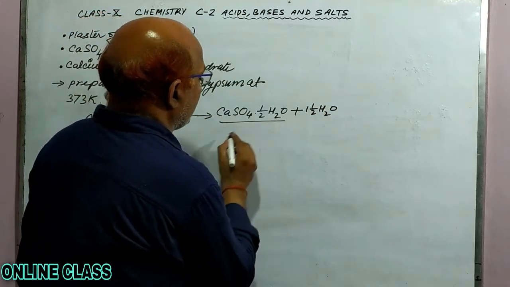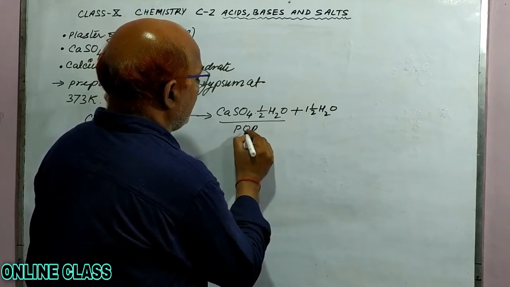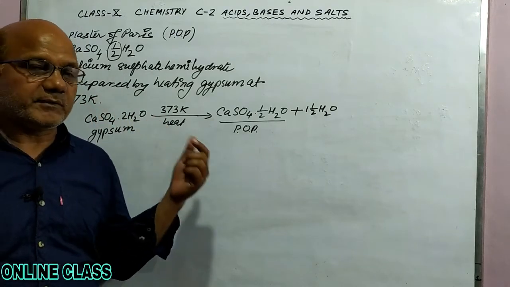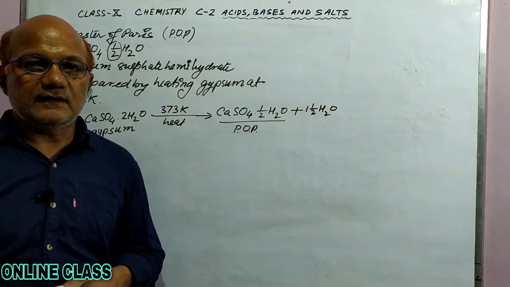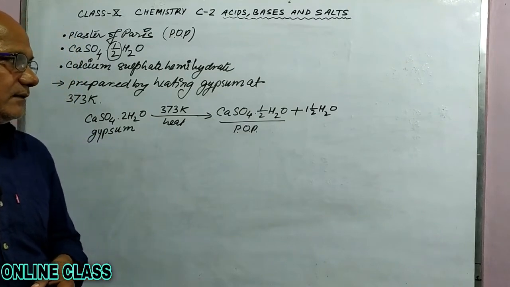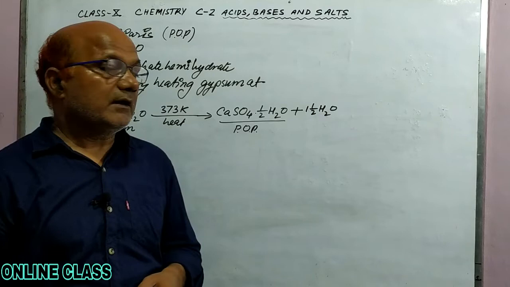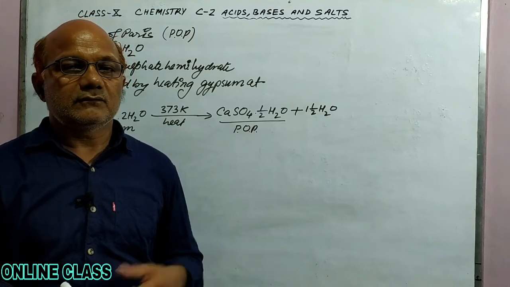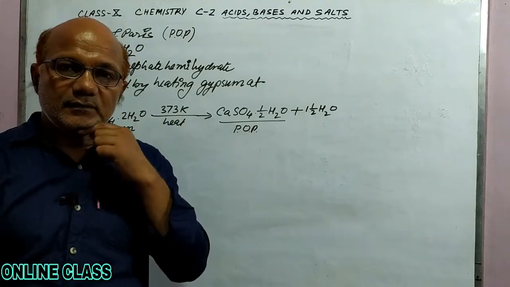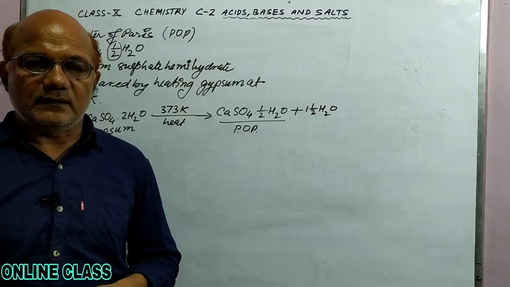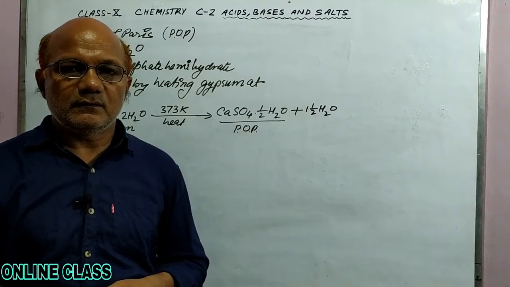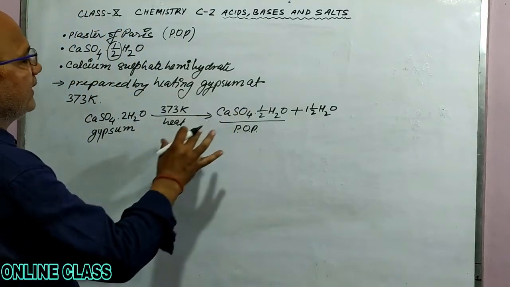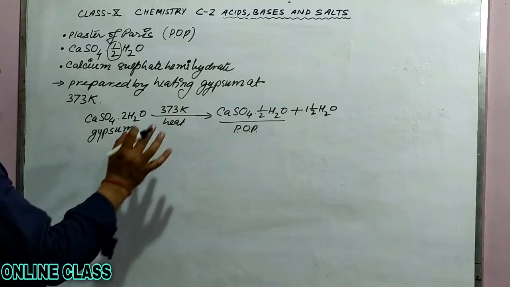So, this is our required product, plaster of Paris. Okay. So, plaster of Paris is prepared by heating gypsum at 373 Kelvin temperature. But when gypsum is heated beyond this temperature, then it is converted into dead burnt gypsum. Okay. So, it is always heated at controlled temperature to get required product.